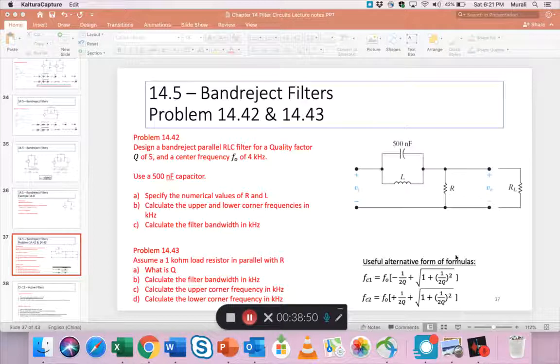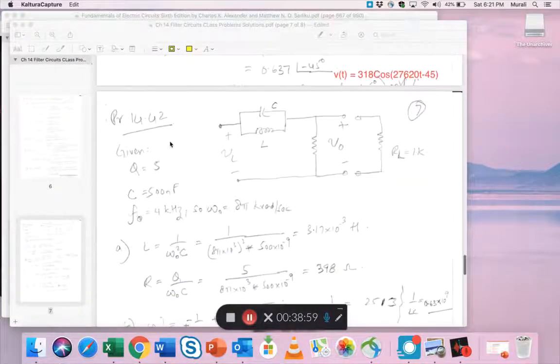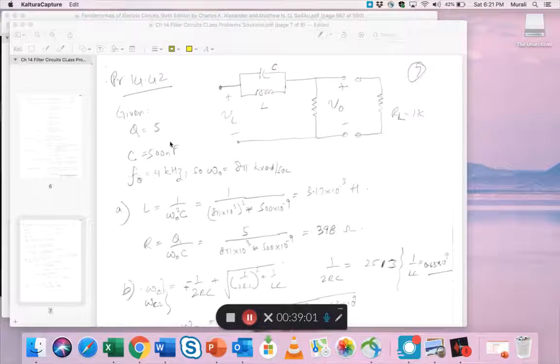So now let's see how to solve these two problems. So I'm going to minimize this and go to the top of page 7 of my PDF notes for these two problems. Okay, so you can see my nice little picture there.